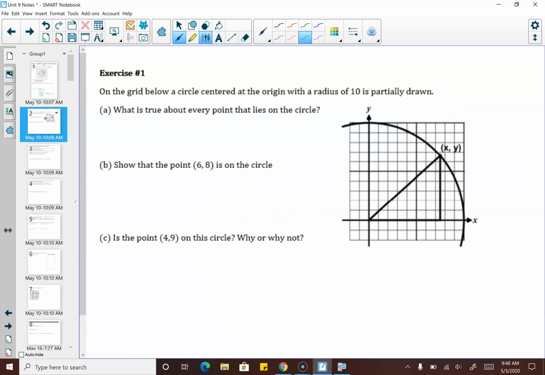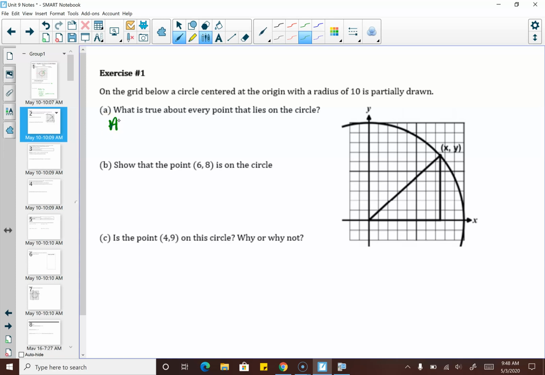So exercise 1, on the grid below, a circle centered at the origin with a radius of 10 is partially drawn. What is true about every point that lies on the circle? Well, if you remember, every point that lies on the circle is equidistant from the center, because every point that lies on the circle has the same radius.